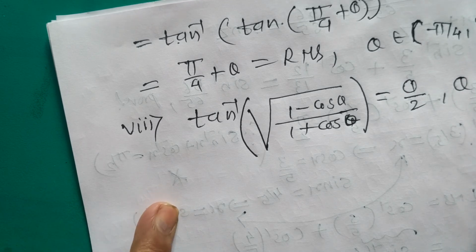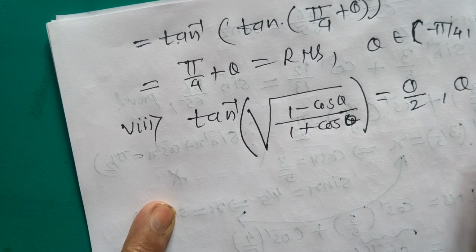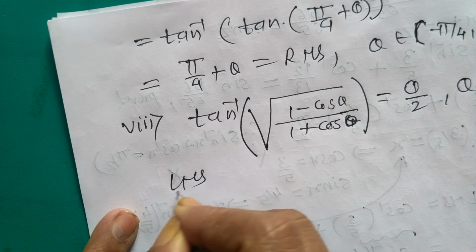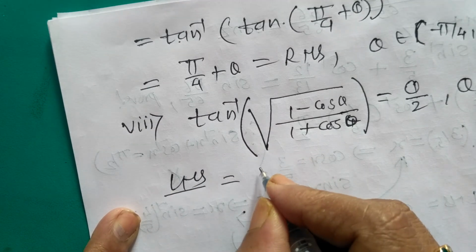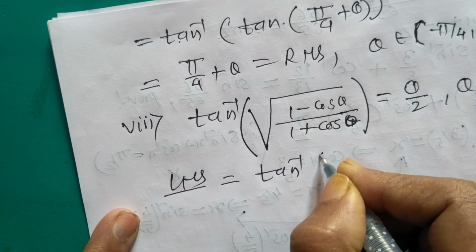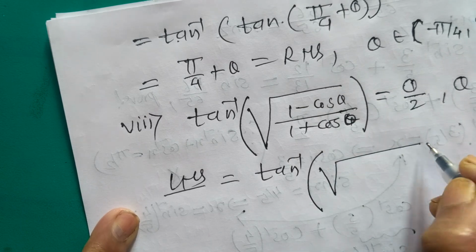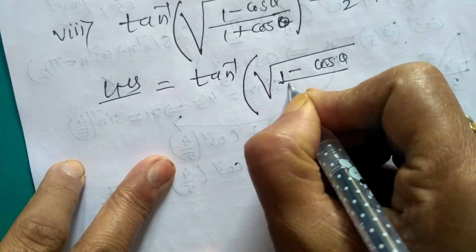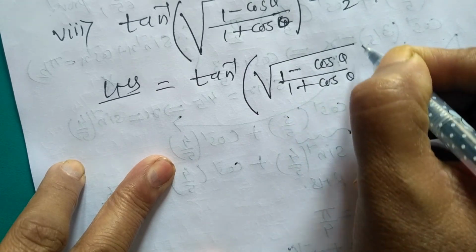If this theta lies between minus pi to pi, so this is the range for the cosine function along the x-axis. So here we take the LHS. LHS is nothing but tan inverse under root of 1 minus cos theta upon 1 plus cos theta.